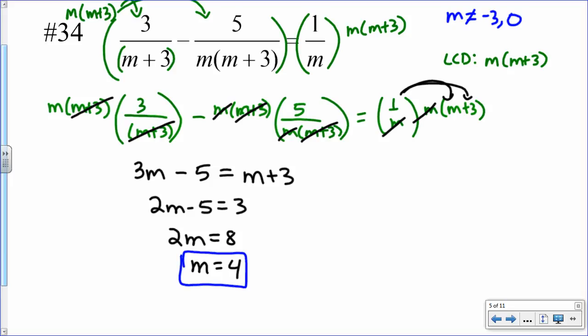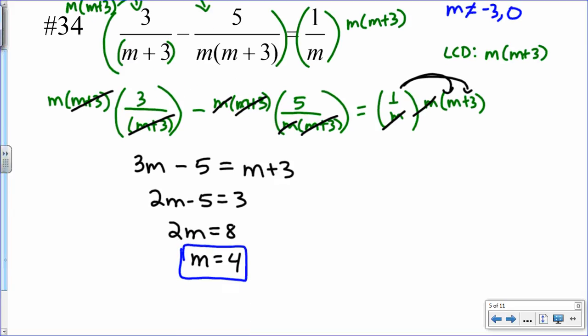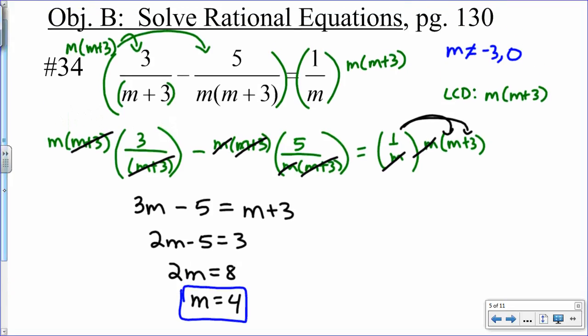Well, at the end, if the denominators are the same, so you end up with 2n minus 5 over n plus 3, you can do it the other way, and then the denominators don't really cancel, but if the denominators are the same, the numerators have to be the same.